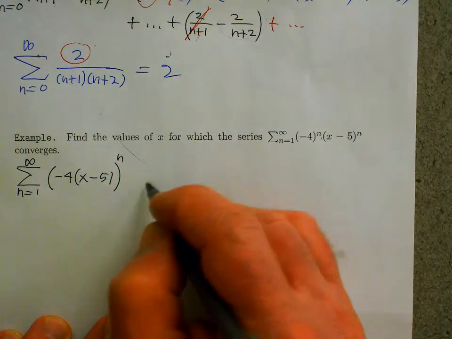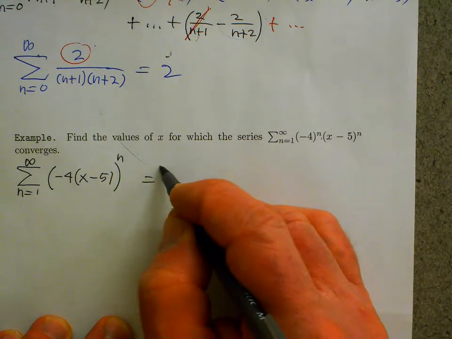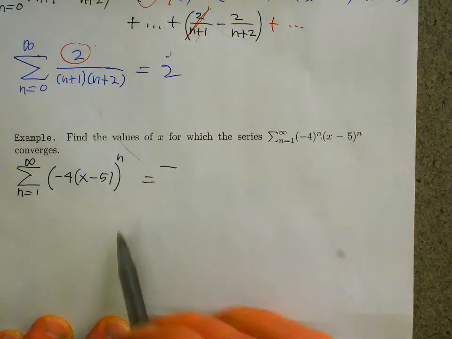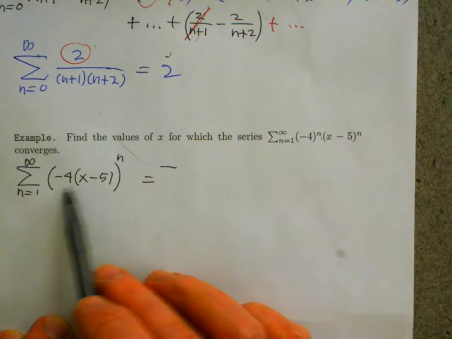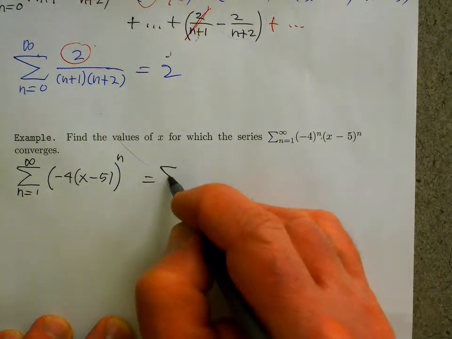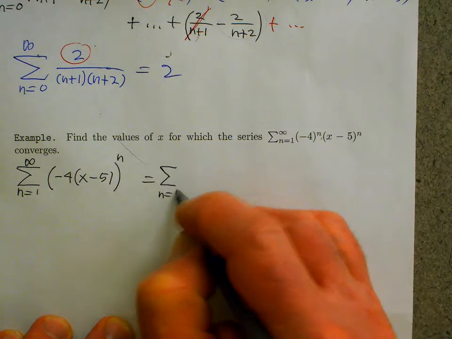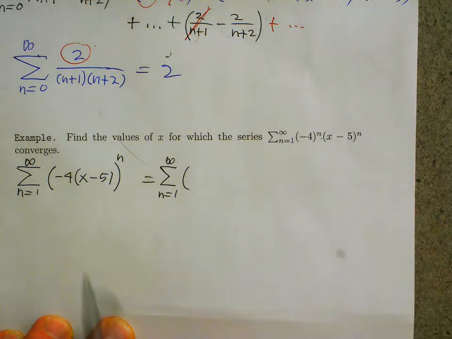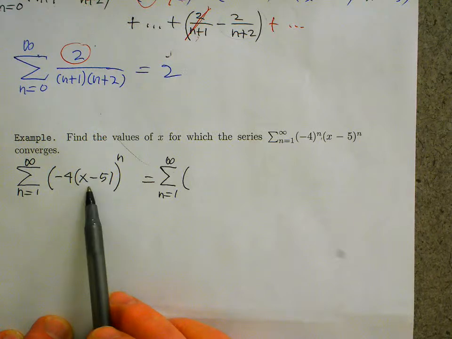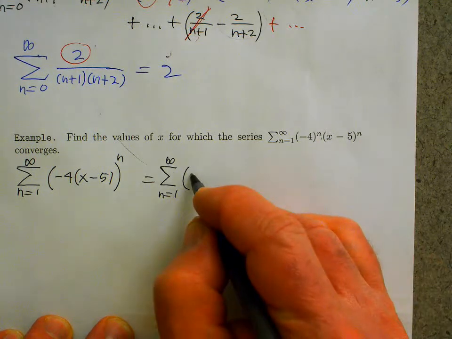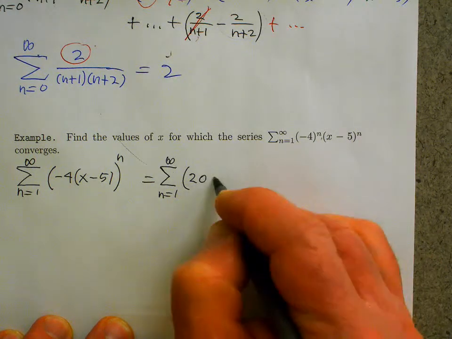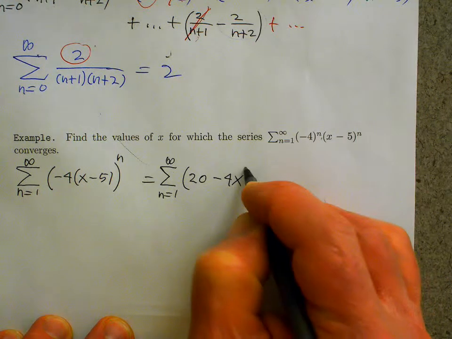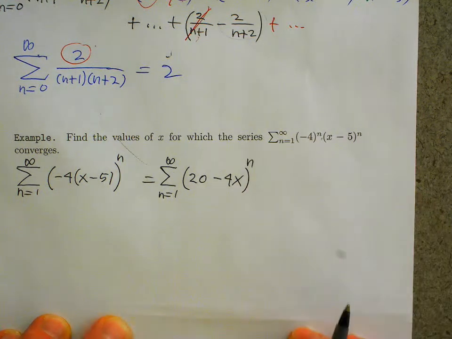Let's go ahead and multiply inside the outer parentheses, simplify what's on the inside. So -4x plus 20, I'll just write it as (20 minus 4x) to the power n.